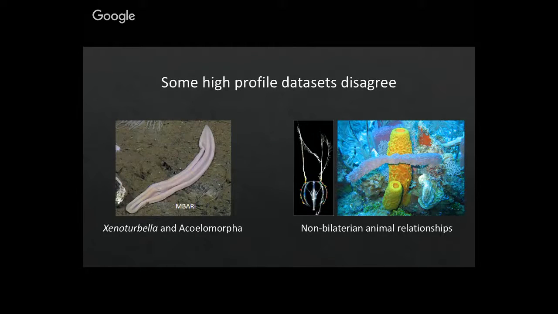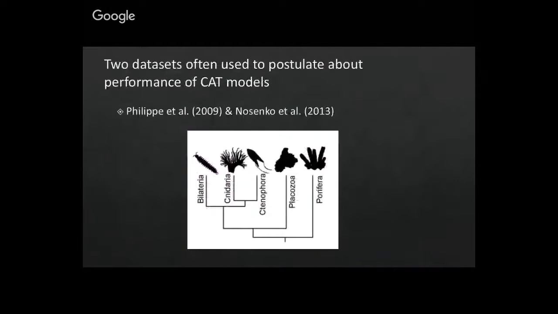So one example is the placement of Xenoturbella in Acoelomorpha, and the data set I'm going to talk about the most is kind of non-bilaterian animal relationships. And there's two reasons I'm going to focus in on this data set. One, it's the one I'm most familiar with because of my past empirical work, but also I would argue this Philippe et al. 2009 data set in particular has been used as a workhorse for postulating about the accuracy of CAT models.